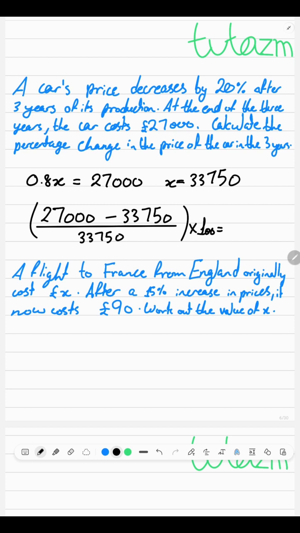We'll put that into our calculator, just like we have done in the previous examples: 27,000 take away 33,750, over 33,750, times by 100, gives us minus 20% as our final answer.